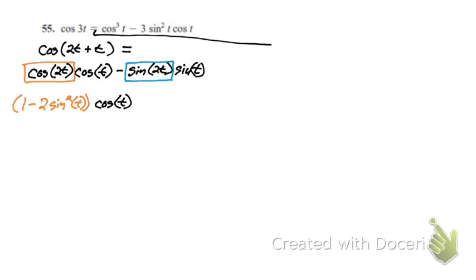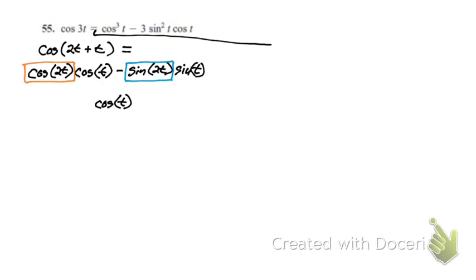Do we have just a cosine t all by itself over here? No. So this one isn't going to work. So let's try the next one, which is 2 cosine squared t minus 1. Now when I distribute this cosine, that will work, but this will be a negative cosine t. I look at the right-hand side and ask myself, do I have just a negative cosine t? I don't, so that one's not going to work.